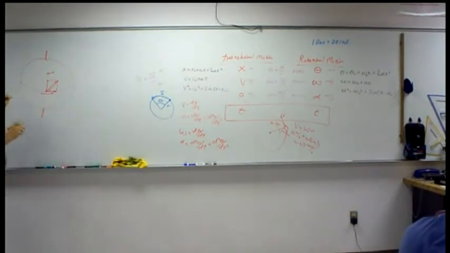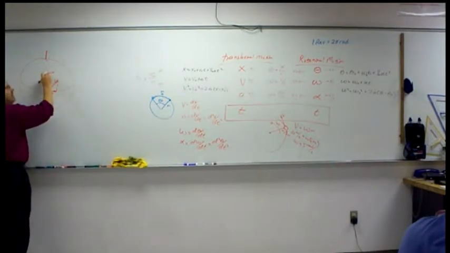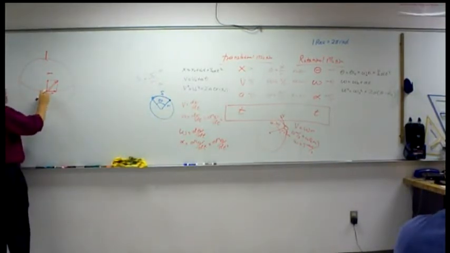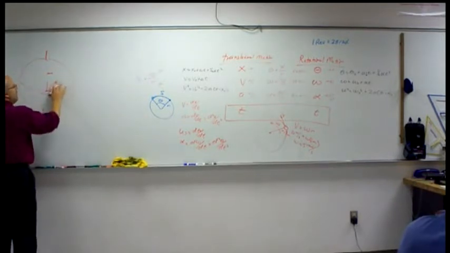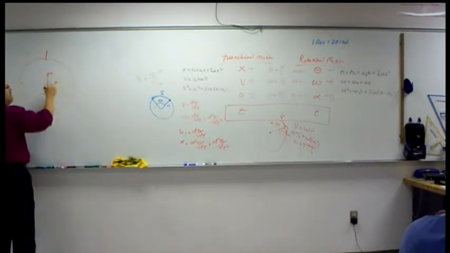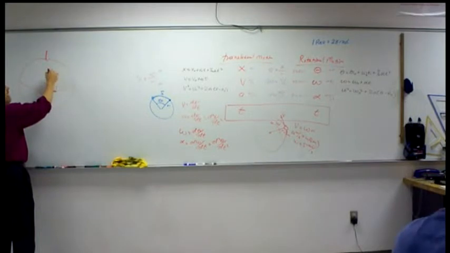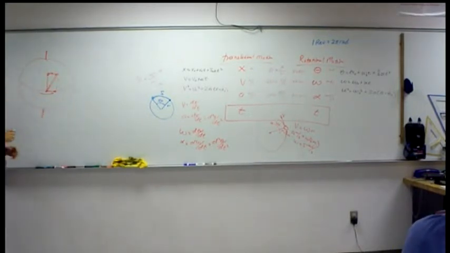Now this object here is also moving, but it's moving only this fast. So let's make it so that it would land on the object. You shoot it here, but you're moving this fast. So the cannonball goes out to here, but the object has only moved to there because that's all the faster it was going.